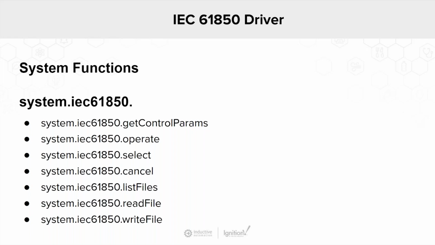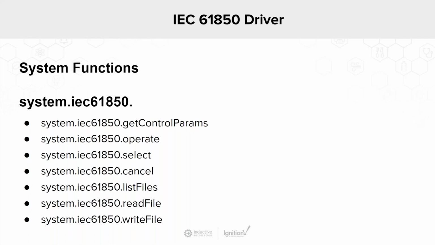It outputs a list of dictionaries that contains all logical devices connected to the IED and their parameters. The select, cancel, and operate functions give us the ability to toggle the value or state of a logical device. If we think of a breaker, we can open and close it with this IEC-61850 operate function.